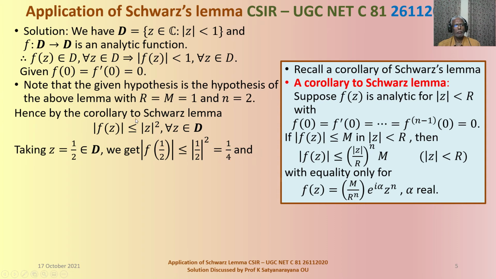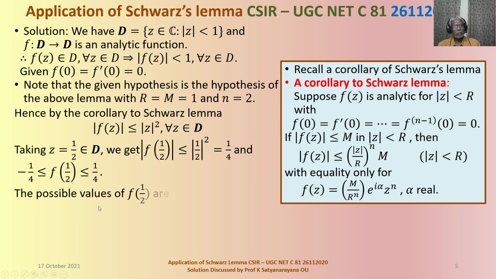From this we get minus 1/4 less than or equal to f(1/2) less than or equal to 1/4. So therefore the possible values of f(1/2) are 1/4 and minus 1/4.